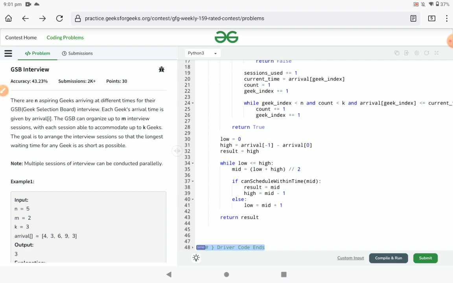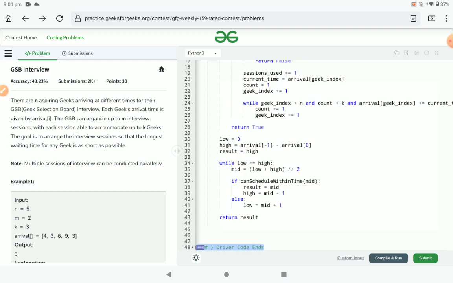Basically here we initialize low to 0 and high to the difference between the latest and the earliest arrival times. Then we run an iteration, and mid is low plus high divided by 2.